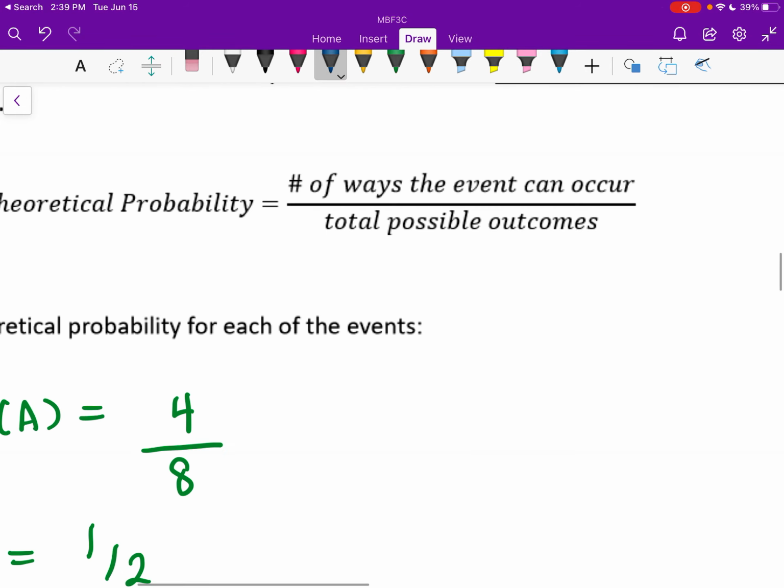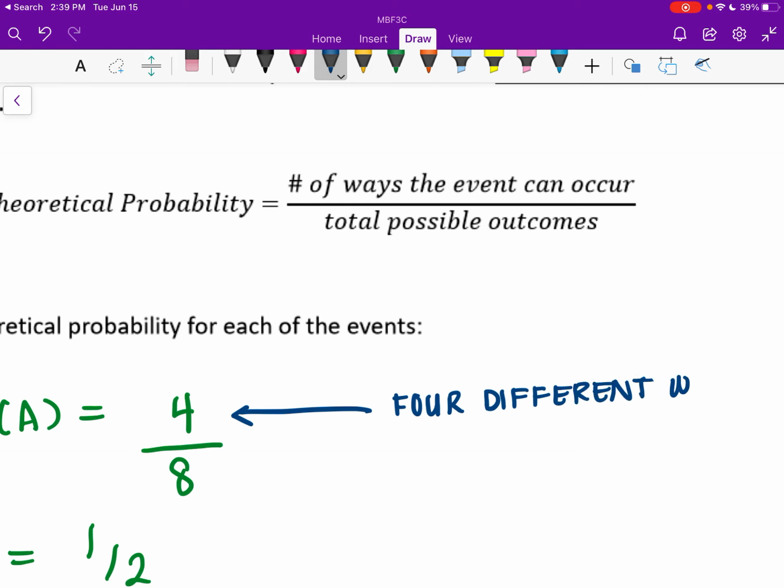So if I go back here, 4 represents the 4 specific ways, or 4 different ways, to get no points.